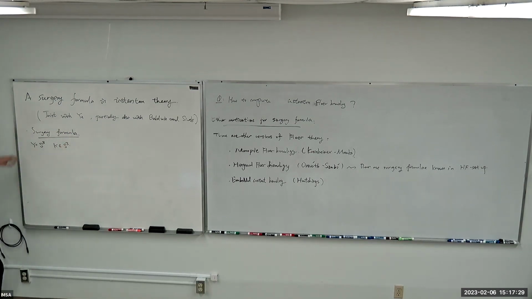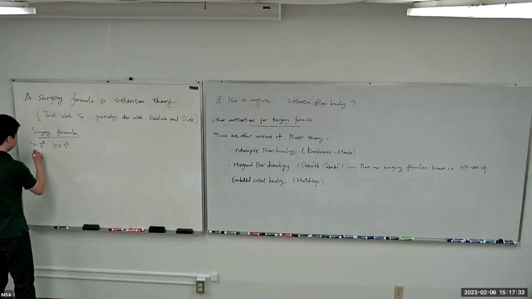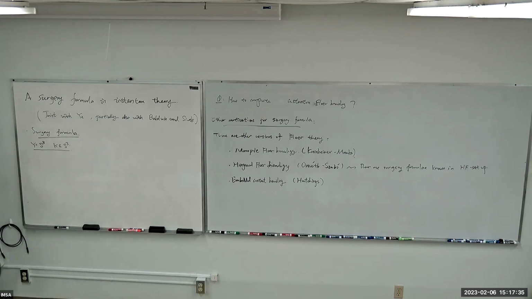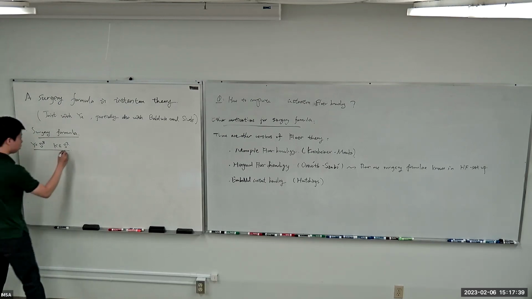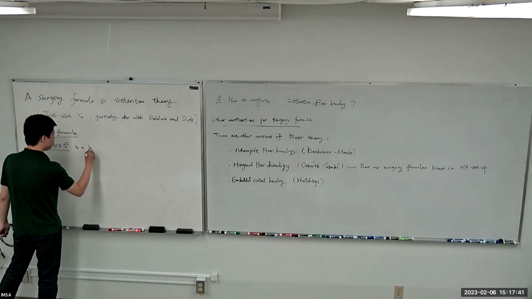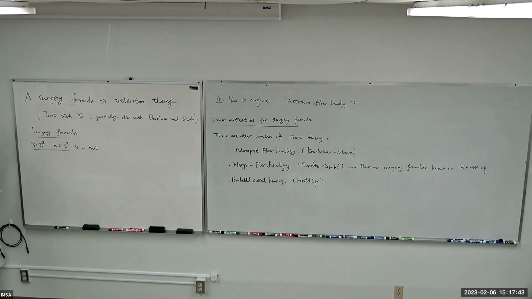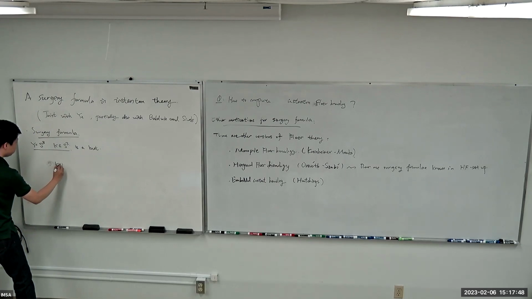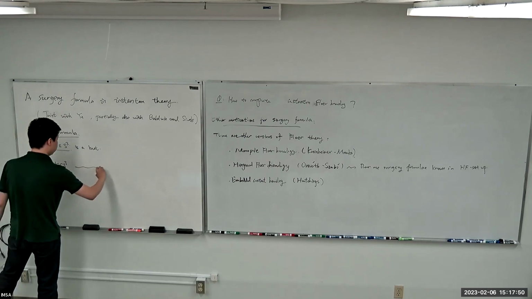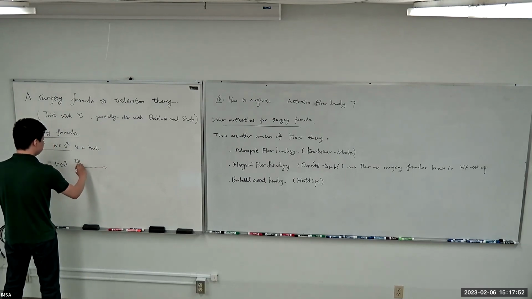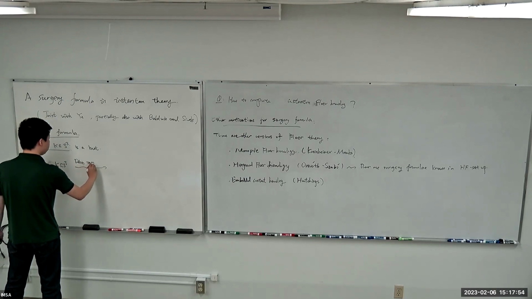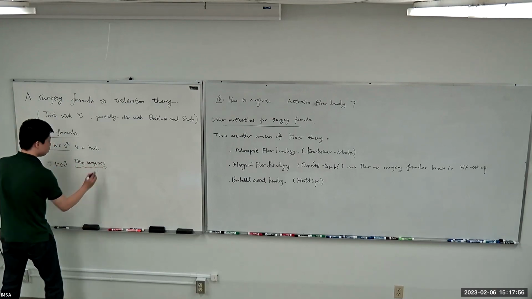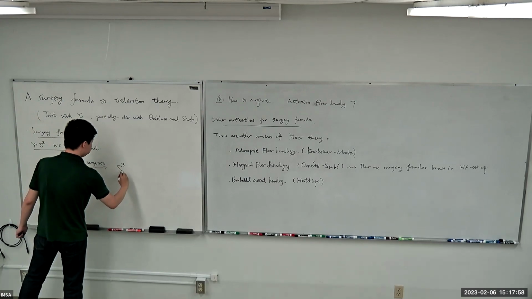Our surgery formula can deal with general setups, but for simplicity, let me only present things in the case of the three-sphere. If we have this knot K inside S3, what we can do is Dehn surgeries to get some other three-manifold.